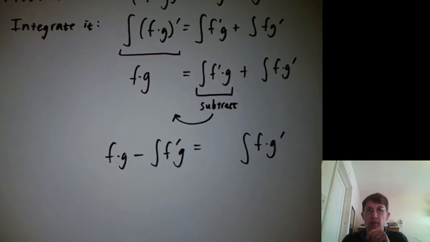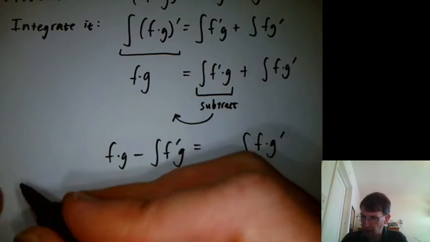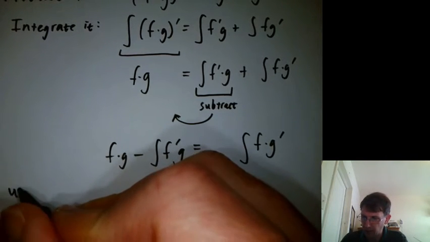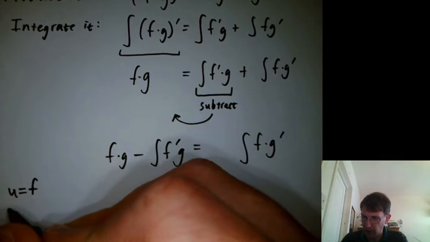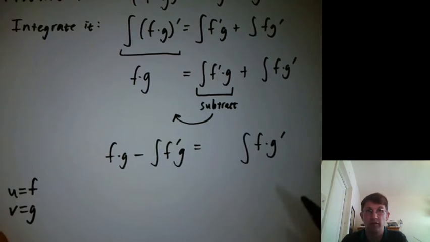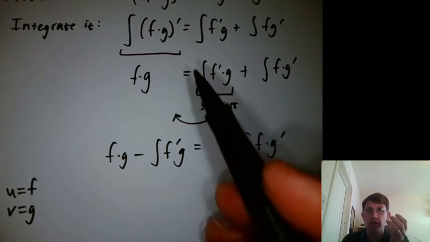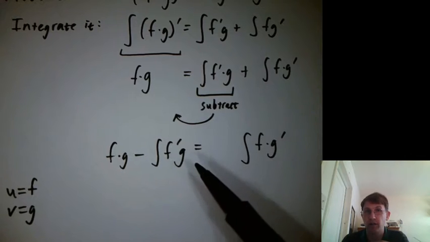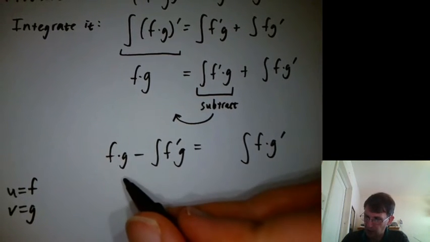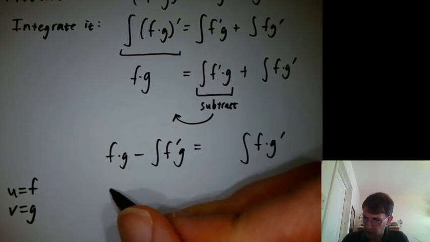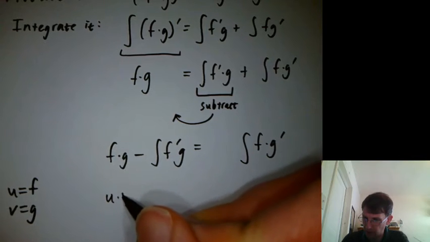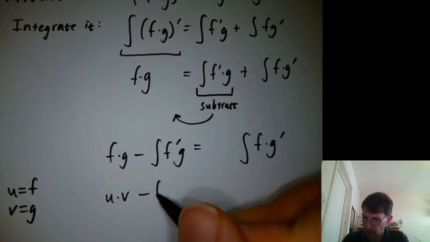Now we're going to introduce new notation. We're going to say f is now going to be called u, and g is now going to be called v. So we're going to be using u's and v's. That way we free up the original f for the full integrand, not just part of the integrand. So let's rewrite this. f becomes u, g becomes v, minus the integral.